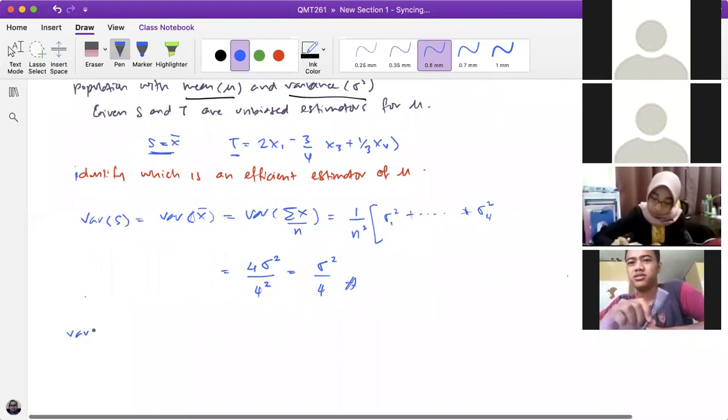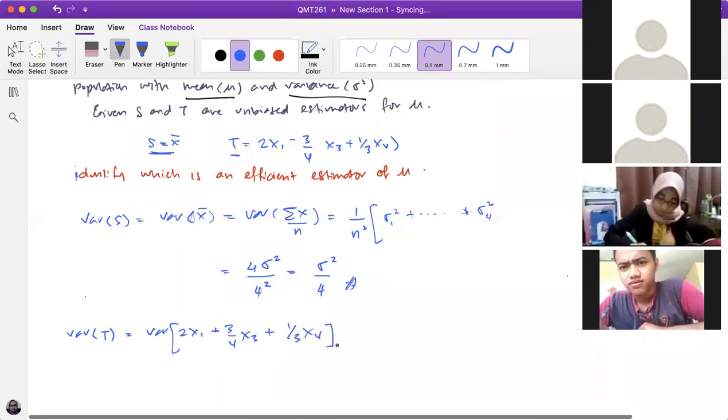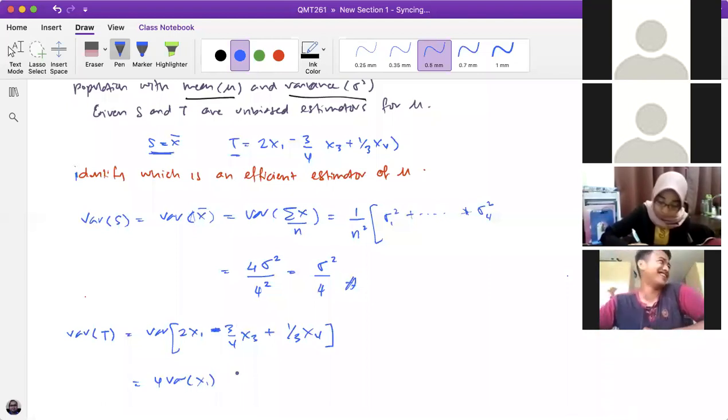So this is the variance for S. And the variance for T is equal to the variance of 2x1 minus 3 over 4 x3 plus 1 over 3 x4. So this should be 4 variance x1. This is minus, so minus from variance becomes plus.